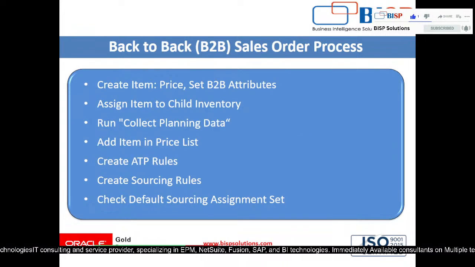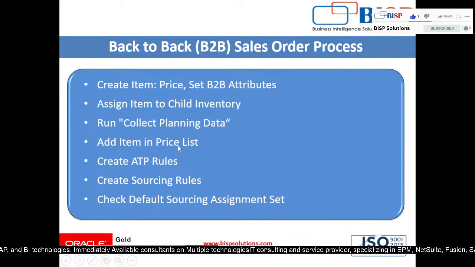At the same time, we have to set the item price at the purchasing level, and at the same time set the price at the sales order level. For the price, we have to add the item to the price list.